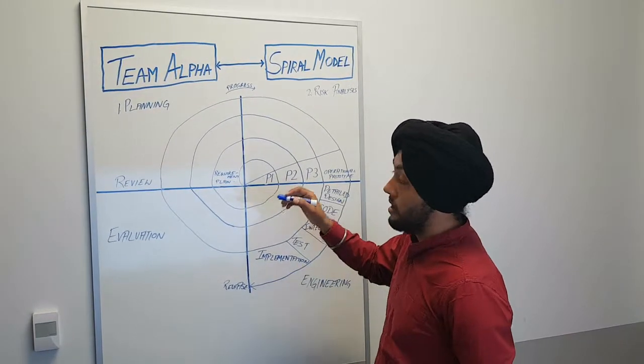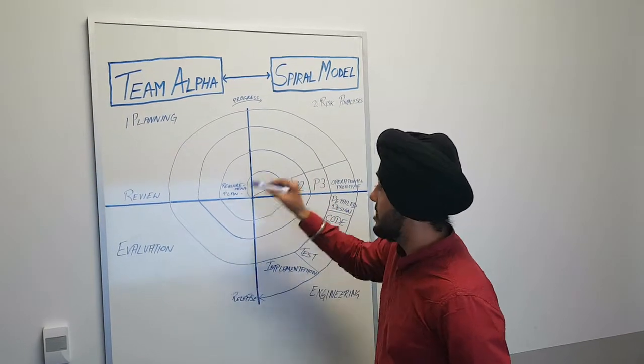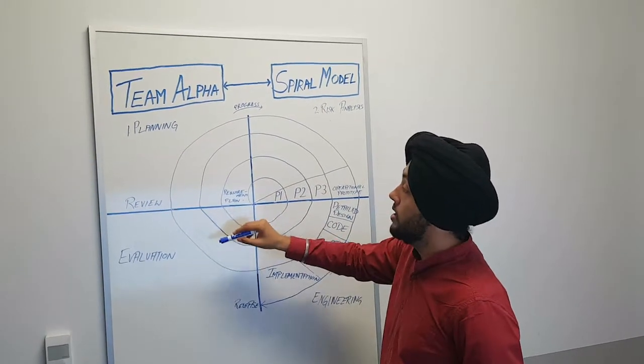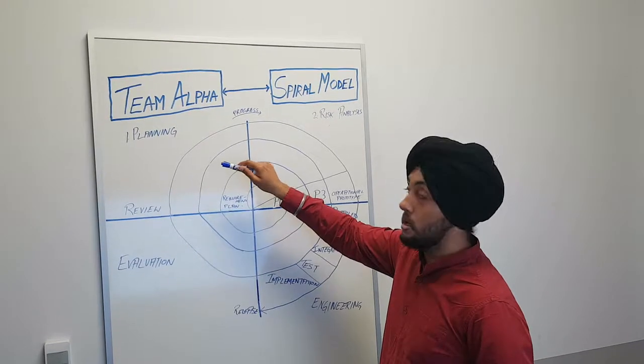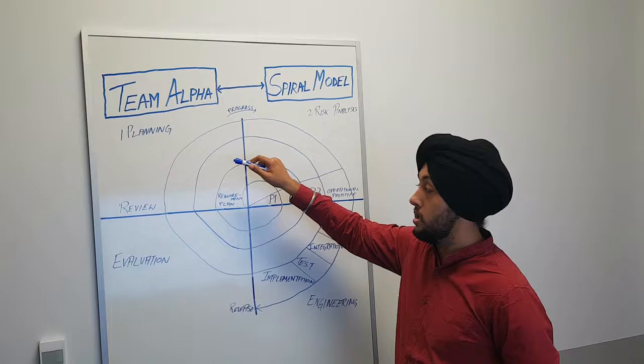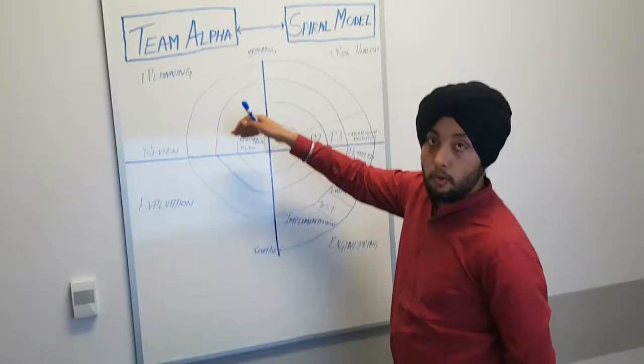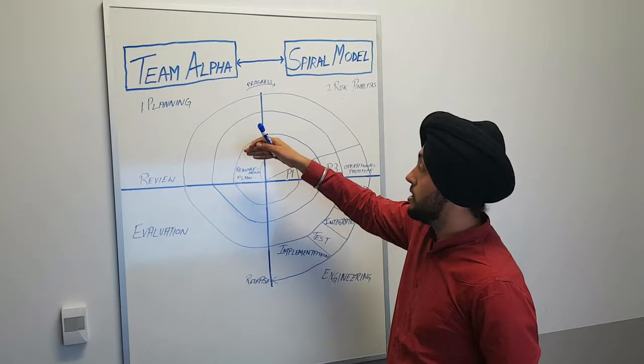As this is an iterative model, we do this again and again. Just after the evaluation, we go into the planning phase again, and in the planning we check how the last model that we made fared with the opinion of the client.